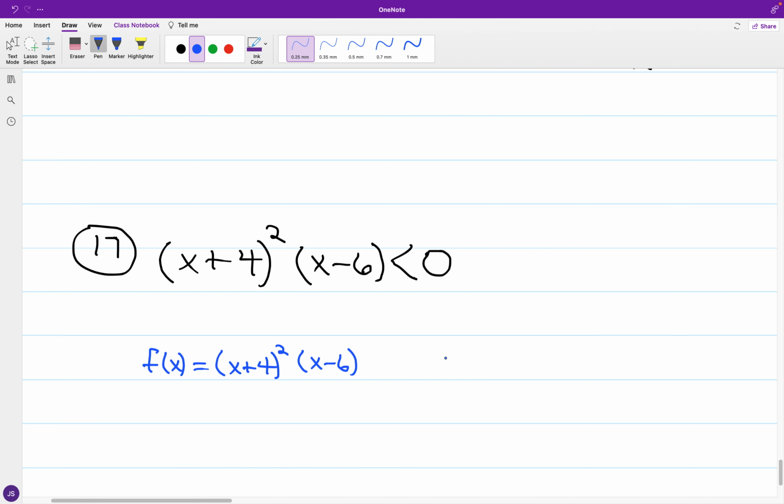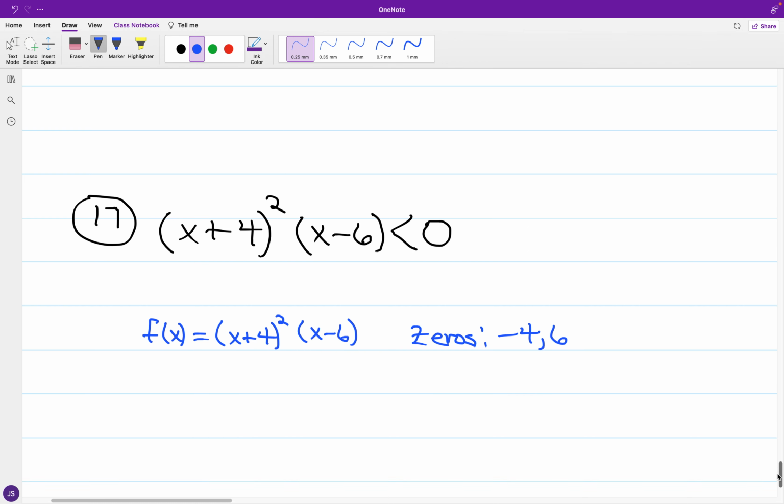Now we already have the inequality laid out in comparison to 0. Let's go ahead and mention the zeros. This function is already presented in factored form. So from x plus 4, we have x is equal to negative 4. From x minus 6, we have x is equal to 6.